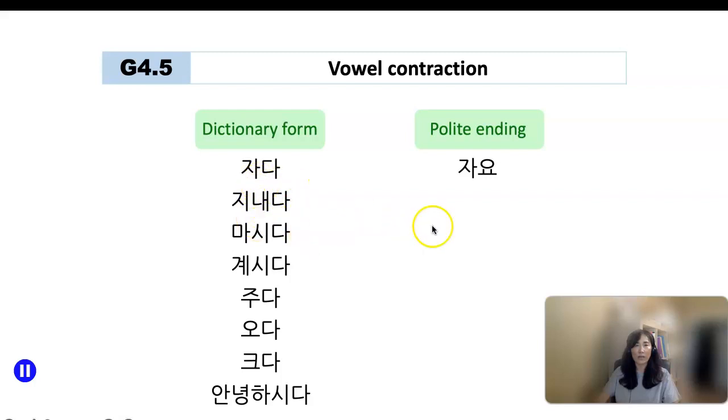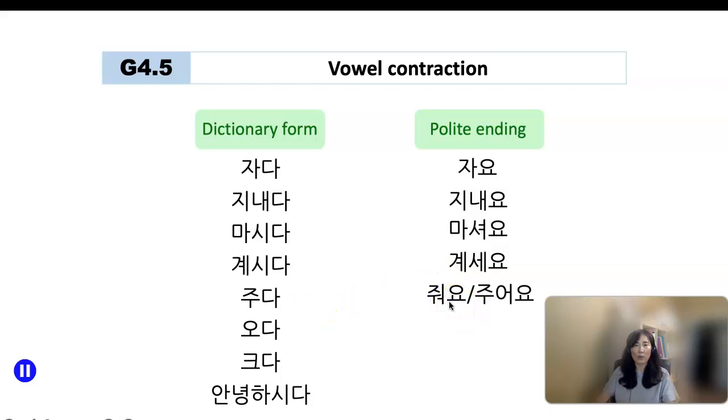You just remove 다 and attach 요 directly, 지내요. 마시다, the 이 is combined with 어 and it becomes a 셔 sound, 마셔요. 계시다, this is the honorific suffix 시, and if it combines it becomes 세, 계세요. 주다, either 줘요 or 주어요. 오다, because there is no consonant before o, the contracted form is the only option, 와요. And 크다, you remove 으 and attach, 커요.